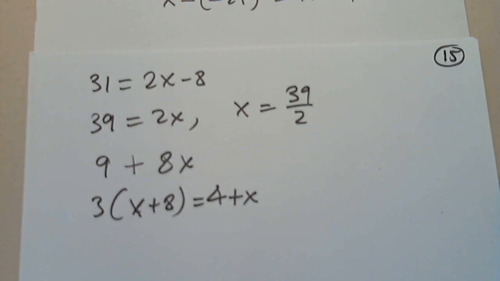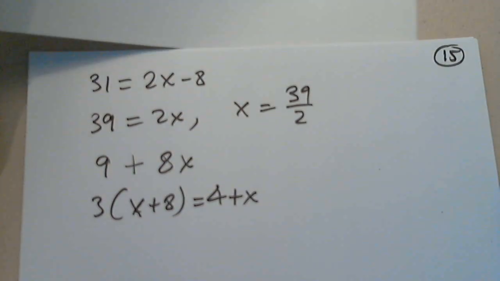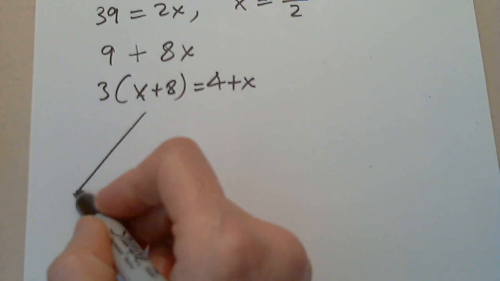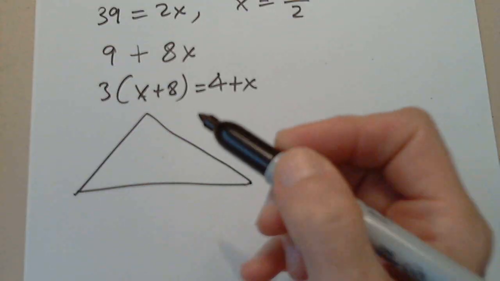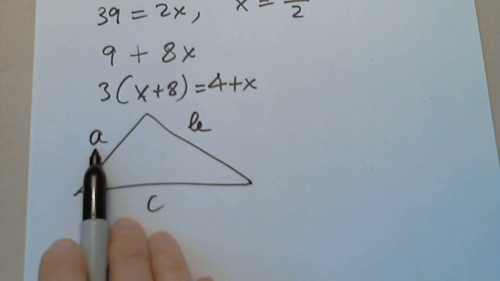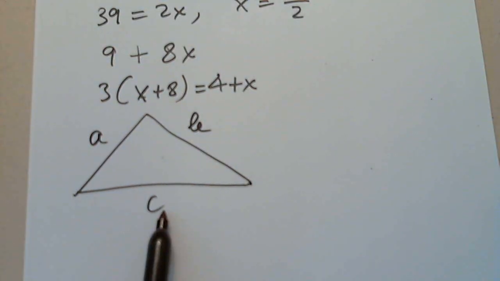The first angle of a triangle is 19 degrees more than the second angle. So we're looking at a triangle. I'm going to label the angles A, B, and C. I'm considering this the first one, this the second one, and this the third.